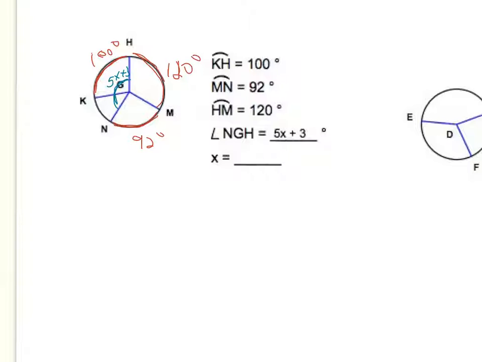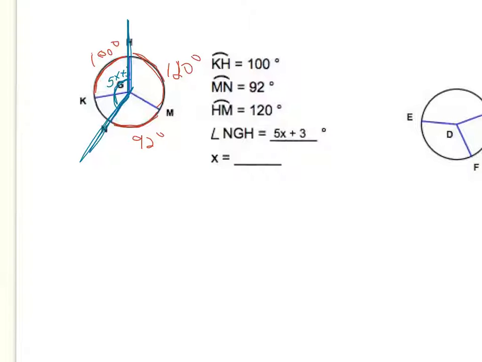And we basically want to find x. So if I look at angle NGH, that's the central angle. It looks like this. So really what we need to know is how long the arc KN is. And we know part of it is 100, but we don't know the other part.